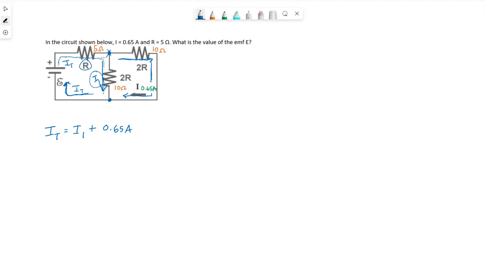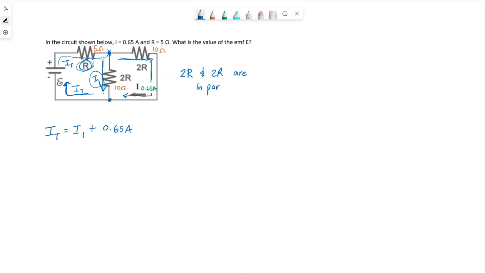Now, in the path that we follow, we did have to pass through the 5 ohm resistor. We had to pass through R, but then we had a choice to go through either one of the 2Rs. So both 2R and 2R, they're the same, they're in parallel.